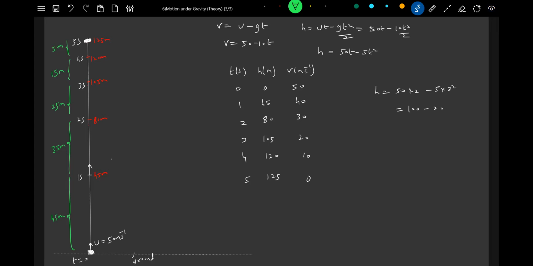So what is this motion here? A body projected vertically up. What is its motion? This is like a retardation. So here, what is this motion? Retarding motion.